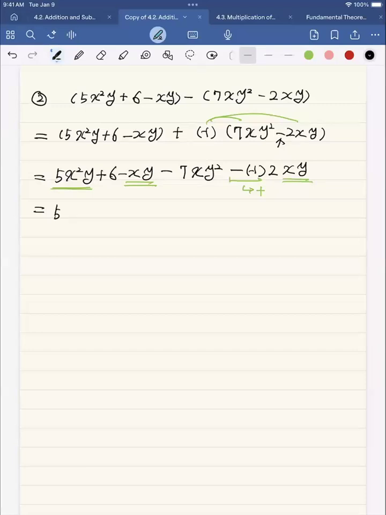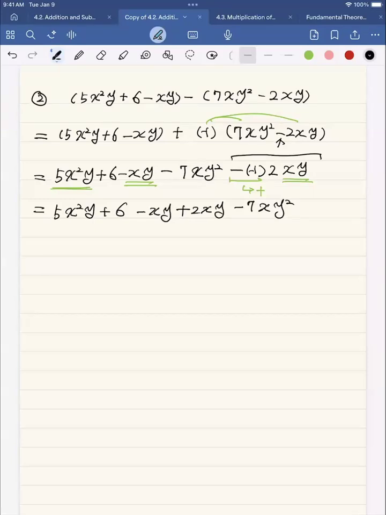Let's write 5x squared y plus 6 minus xy plus, from here, 2xy minus 7xy squared.